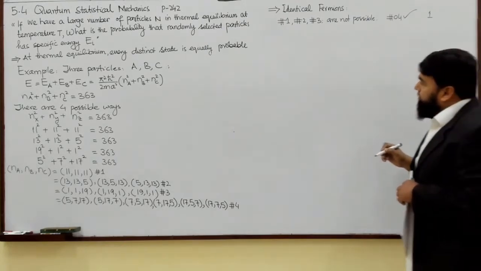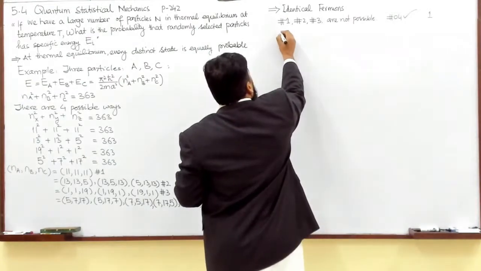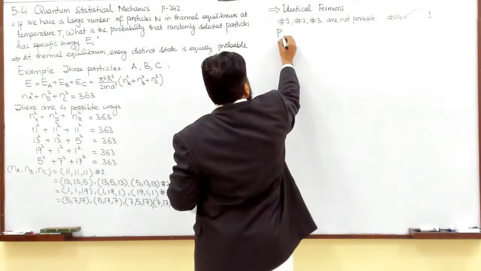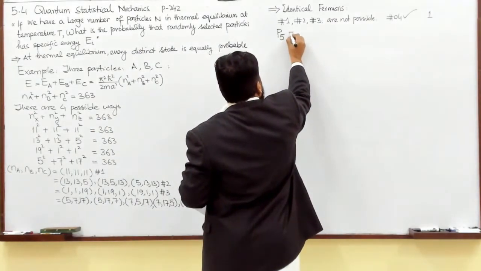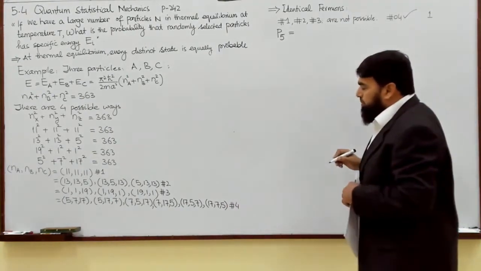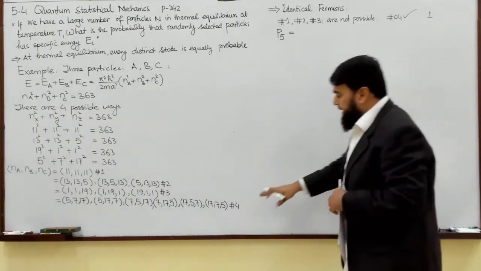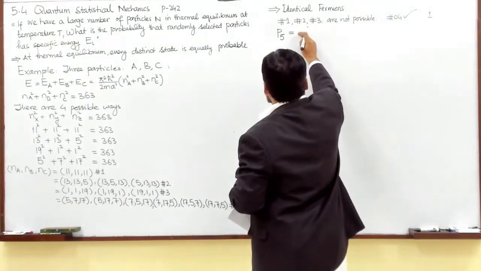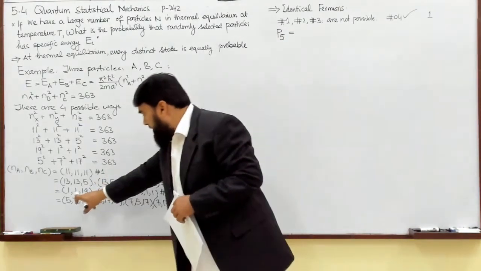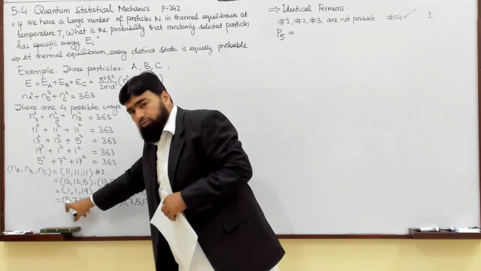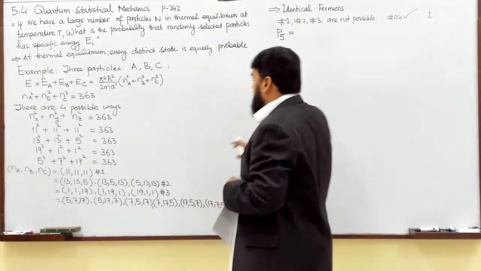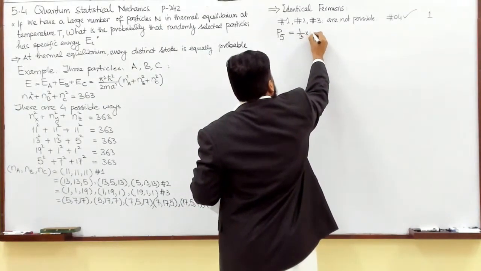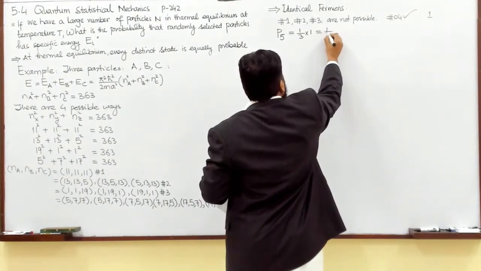And now if I find the probability, for example, of P5, P5 will be equal to the chance of getting configuration 4. Now it is 1. So 1 here, and the number of getting 5 out of this is 3. So we have 1 over 3 into 1, and this is 1 over 3.